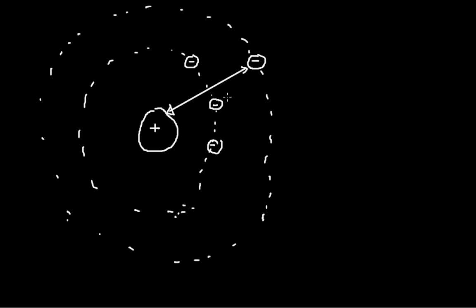But again there is another thing, that there is a similarly charged, negatively charged electron here, and that will also try to repel. So there is attraction here and there is repulsion here.